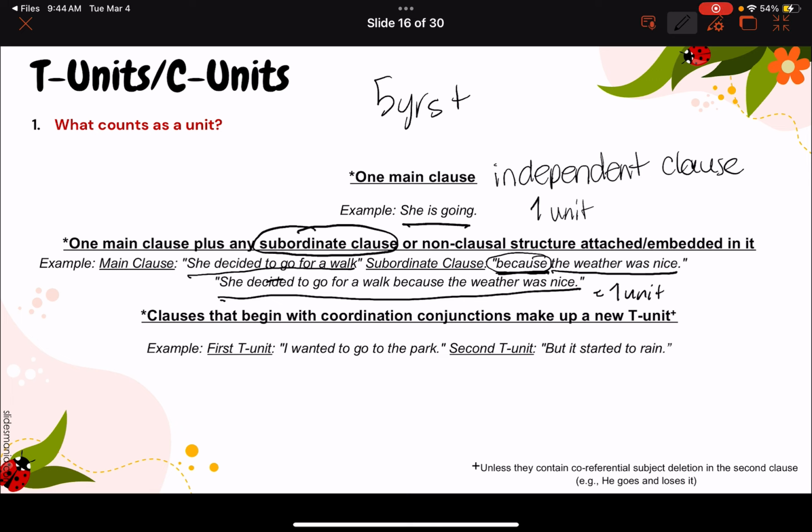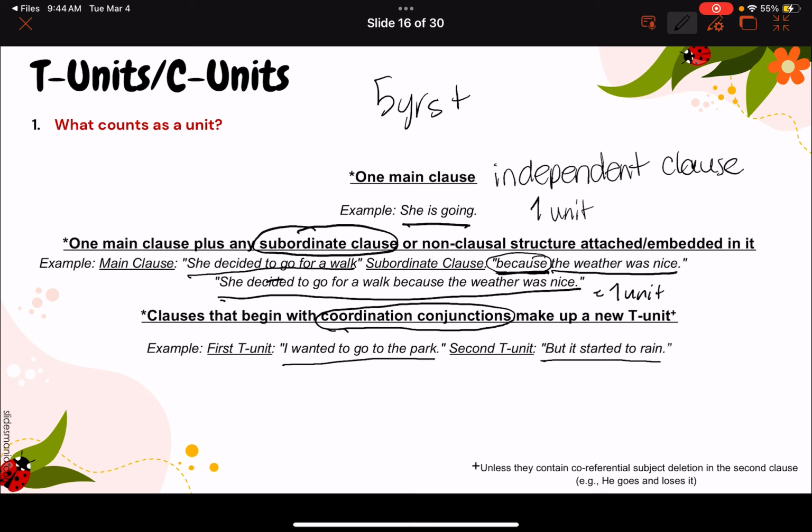Okay, 1 single unit. Now, clauses that begin with coordinating conjunctions. If you don't remember your coordinating conjunctions, please make sure you look those up. Your FANBOYS are really, really important, okay? So coordinating conjunctions also make T units. So the first T unit, I wanted to go to the park, but it started to rain.